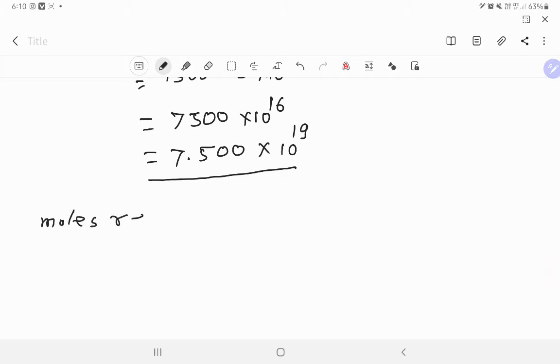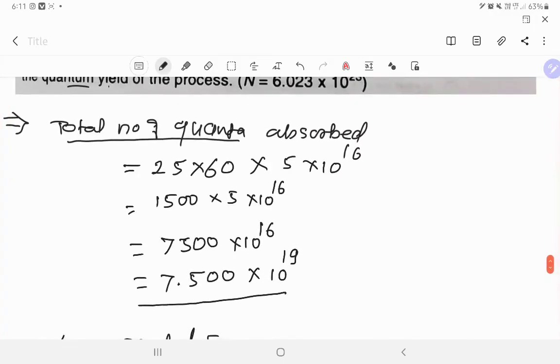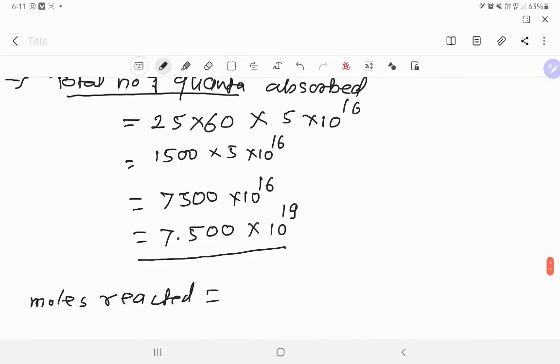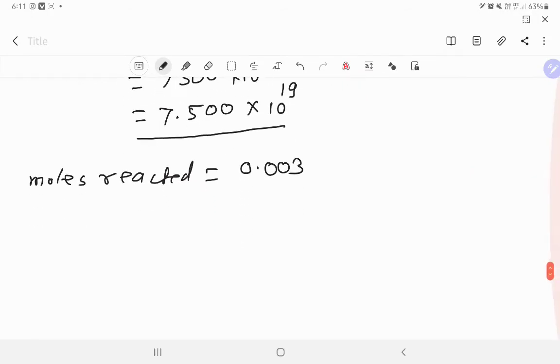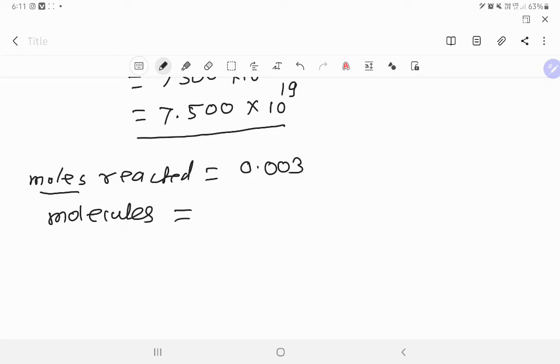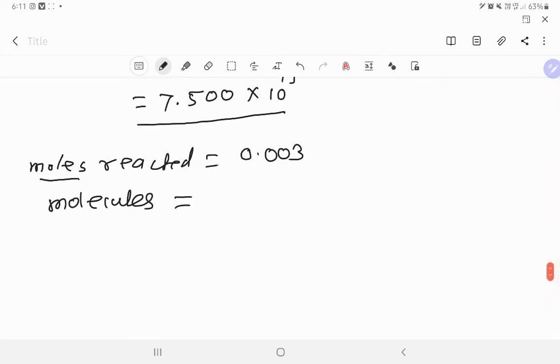Moles reacted is 0.003. Therefore, molecules reacted: one mole contains Avogadro's number of molecules, which means we have to multiply Avogadro's number with 0.003.